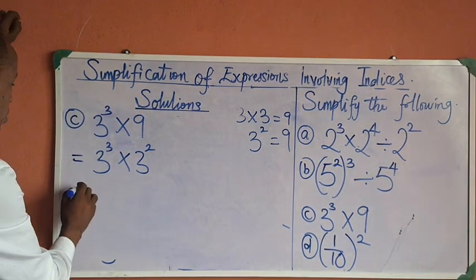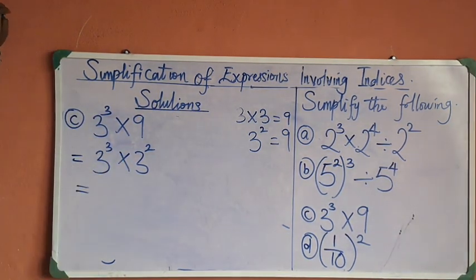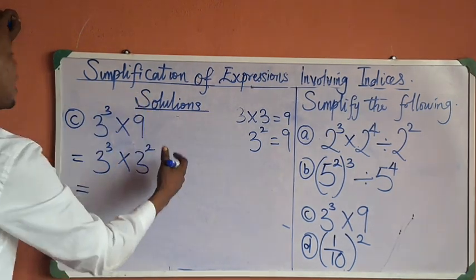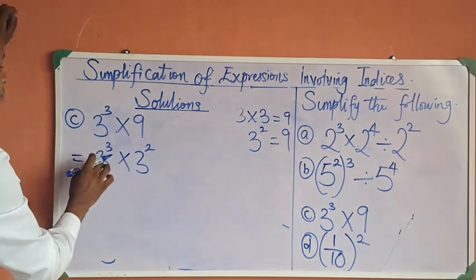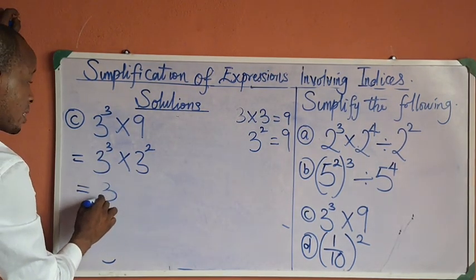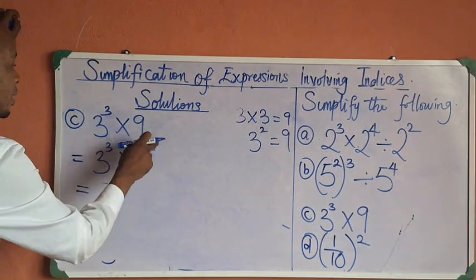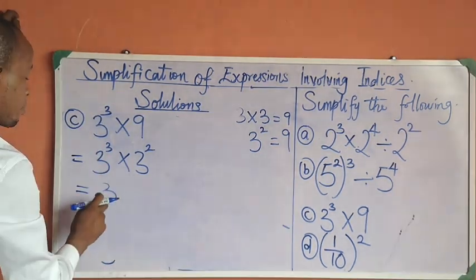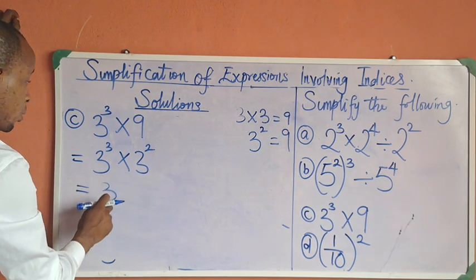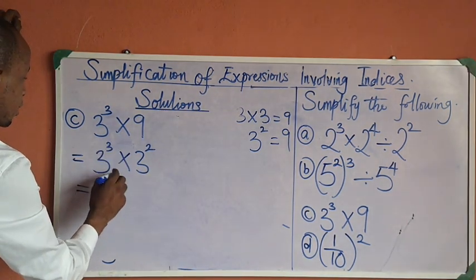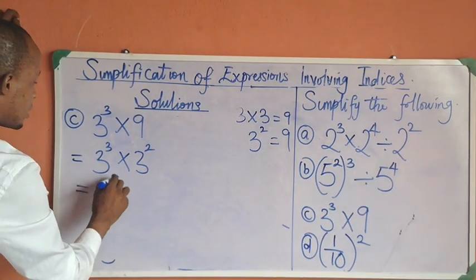So the next will be to apply the law of product. The law of product says if you are multiplying powers which have the same base, just simply pick one of the bases and then add up the power. That is the law of product. 3 and 3 are the bases and they are common. I simply pick one, and then instead of multiplying the powers, I simply add the power.